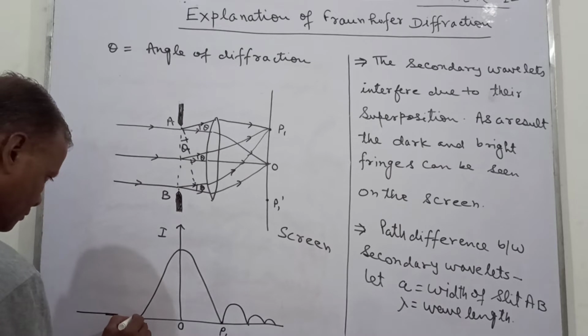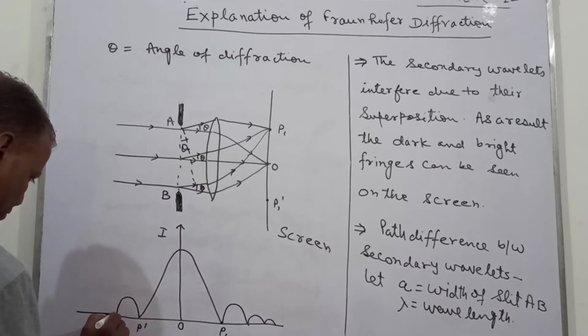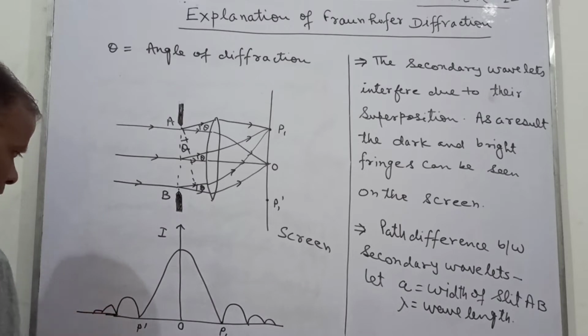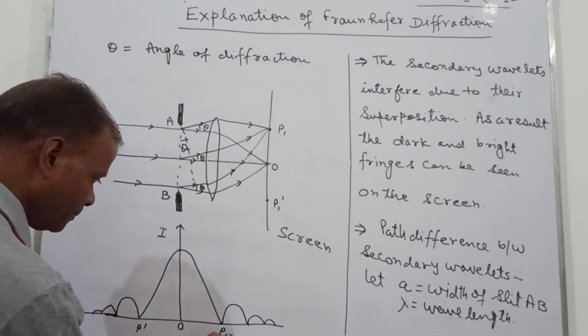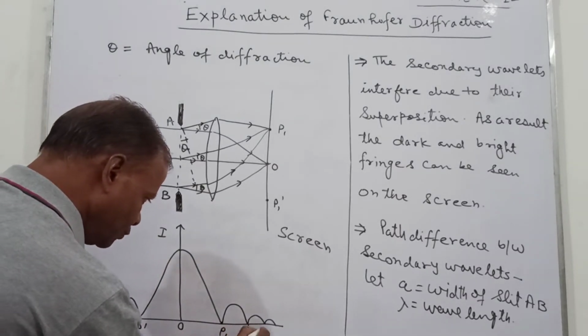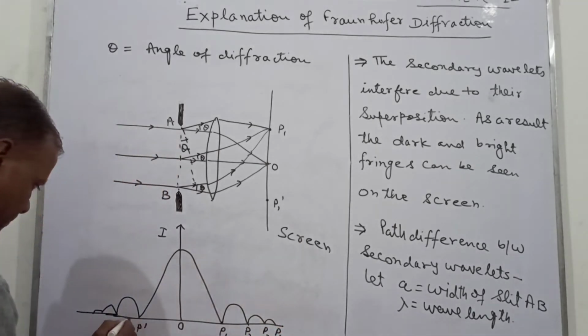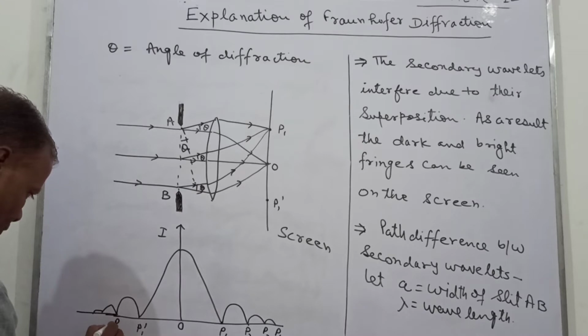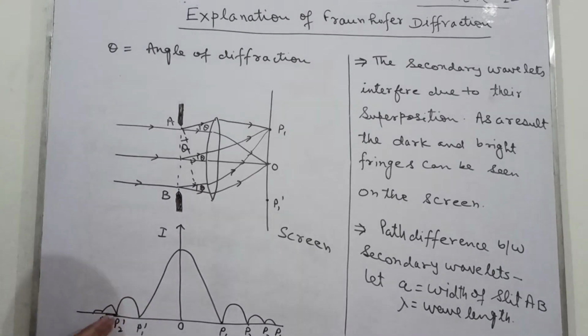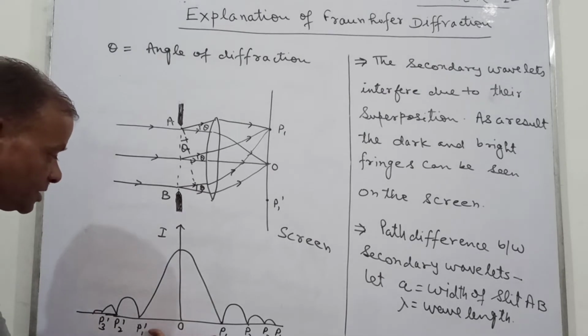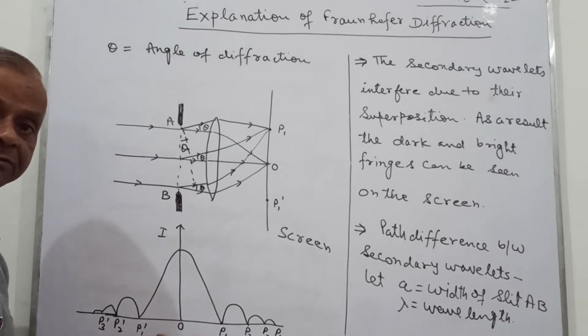Similarly here we have the fringes like this. This is P1, P2, P3, P4, and this is P1 dash, P2 dash, P3 dash. Like this we have the points. This is the central fringe.